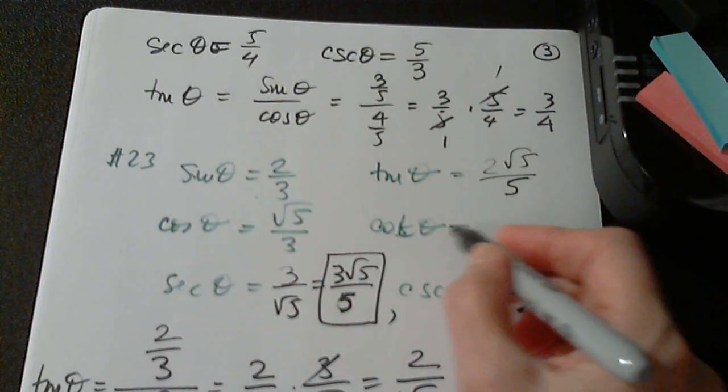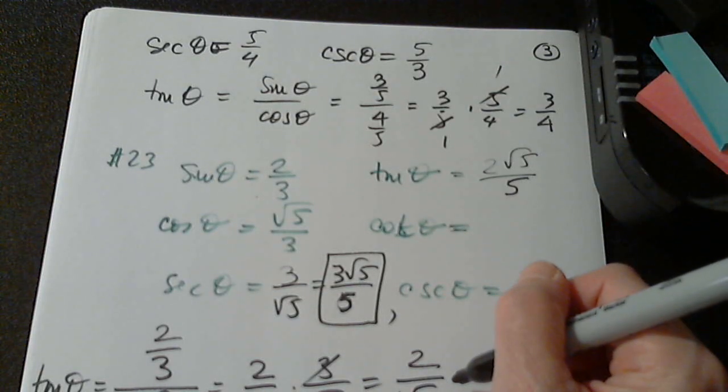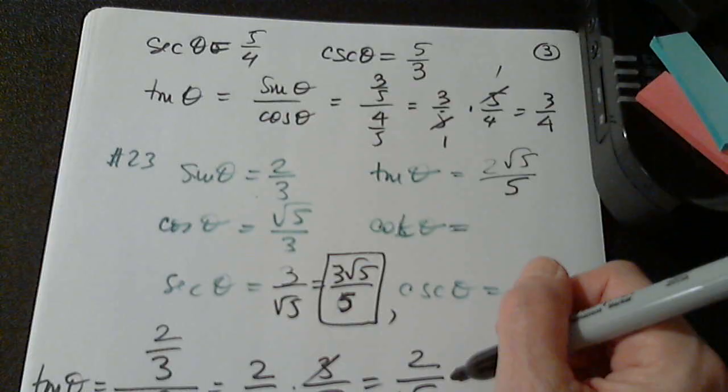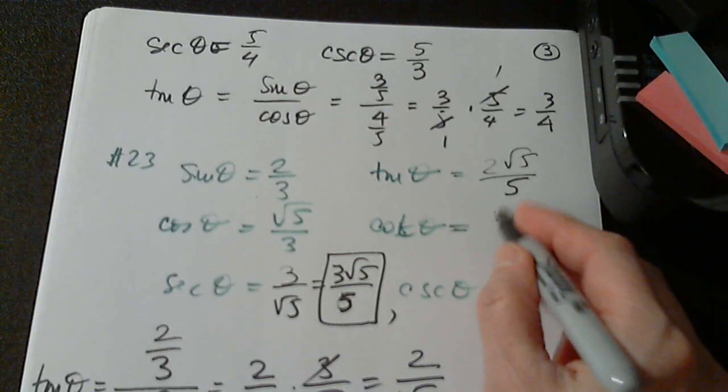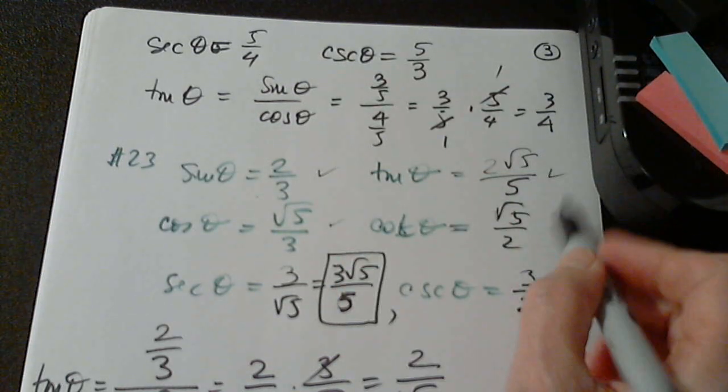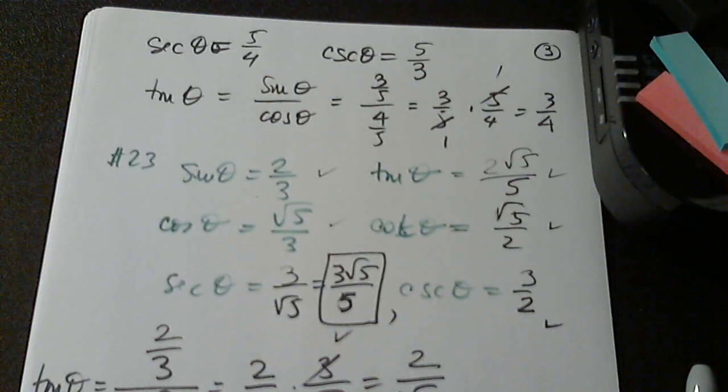What is it? Square root of 5 over 2. That's it. So this is sine, cosine, tangent, cotangent, secant, cosecant. Very good. Perfect. Let's move on.